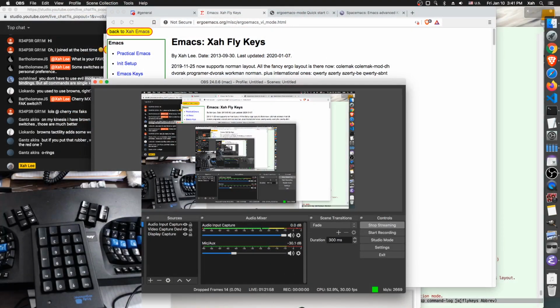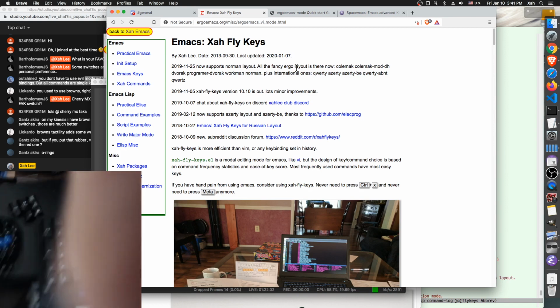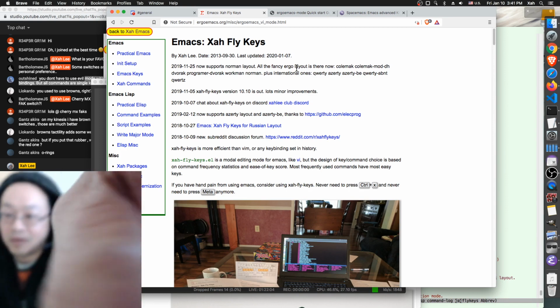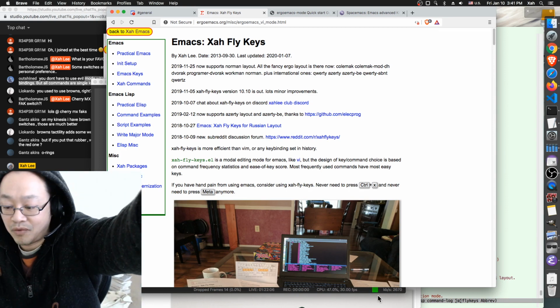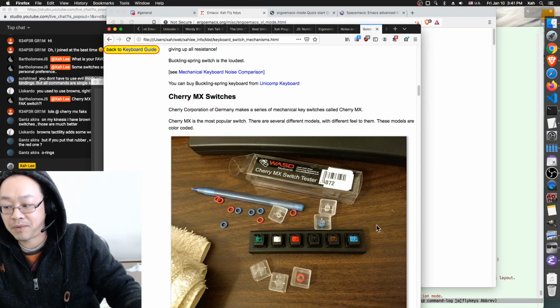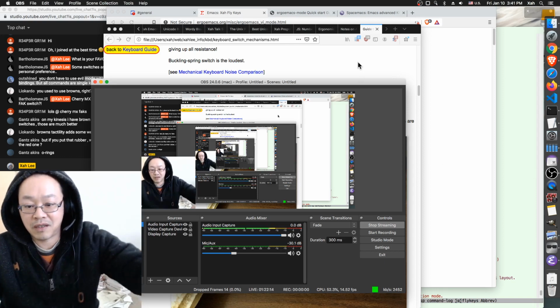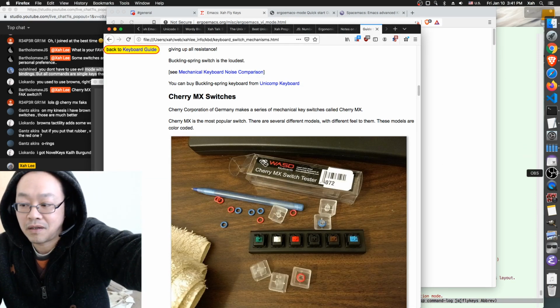And so my favorite is red because once you type a lot, I mean really a lot, I think you prefer red. But for most programmers, you probably don't type that much. So brown and blue is good for you, I think.